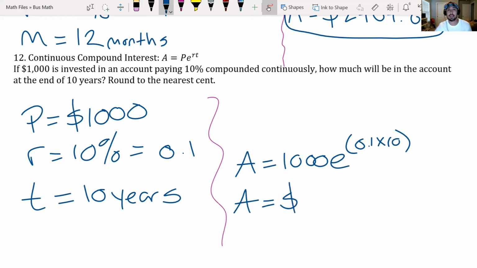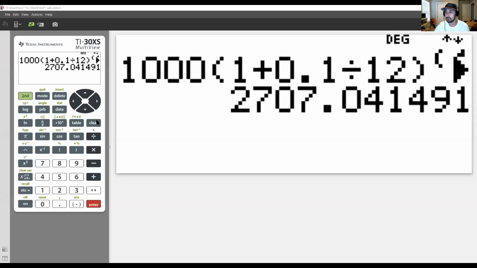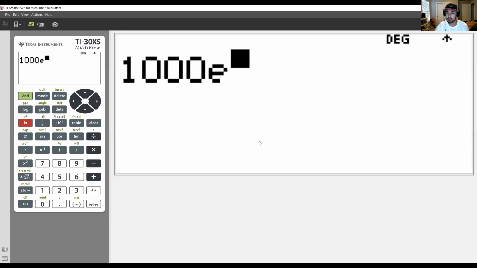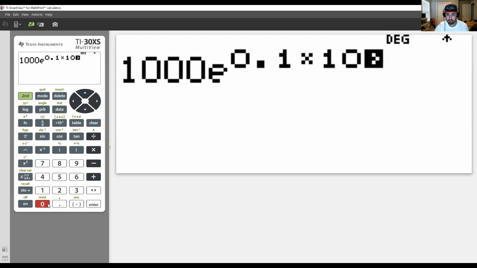And let's go to my calculator. Okay, so typing this in, 1,000, second, natural log, get you to the E button. 0.1 times 10.